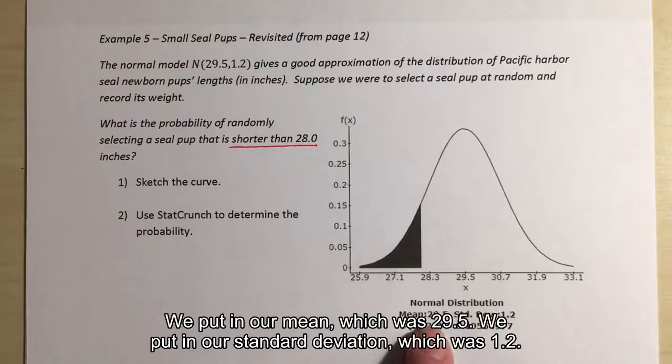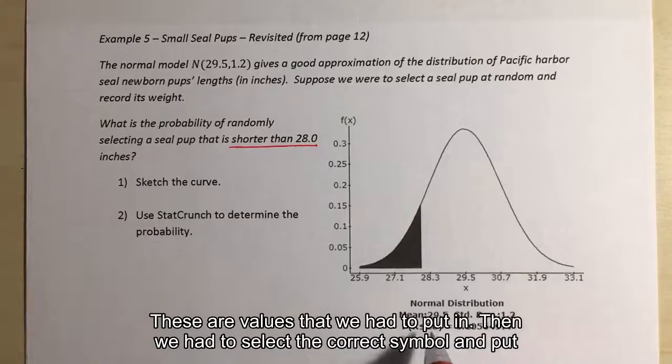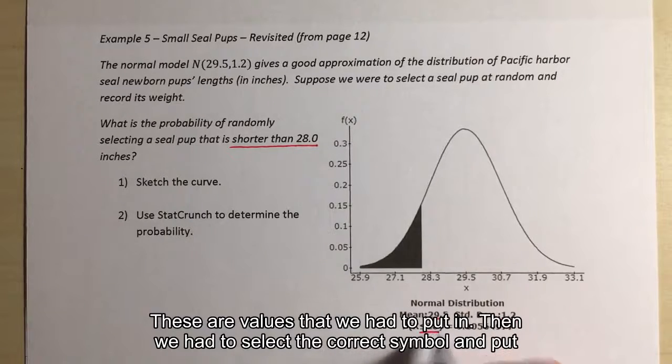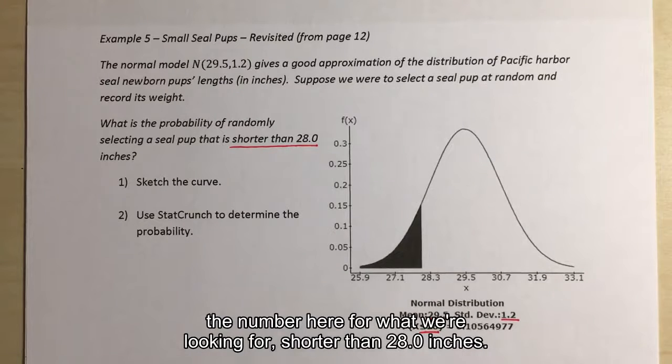We put in our mean, which was 29.5. We put in our standard deviation, which was 1.2. These are values that we had to put in. And then we had to select the correct symbol and put the number here for what we are looking for, shorter than 28.0 inches.